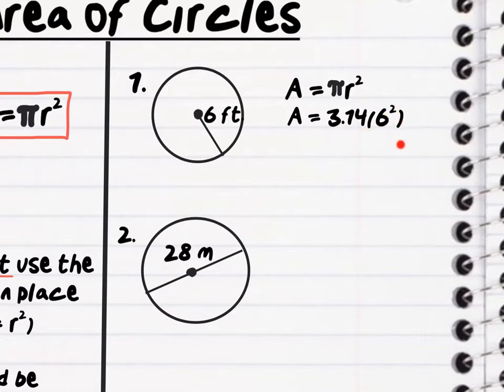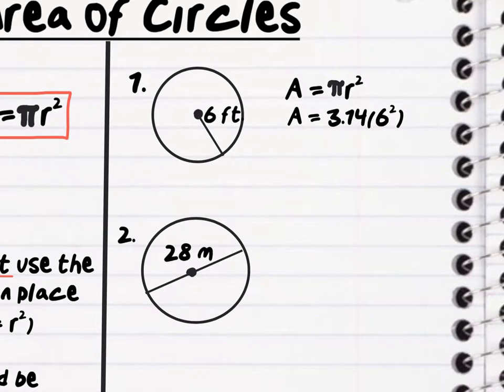Now we're going to solve this, and depending on the calculator you have, it could be solved differently. On a phone calculator, usually you have to enter the squared part first and then multiply it by 3.14. So here you want to follow the order of operations. So exponent 6 to the second power is 36.